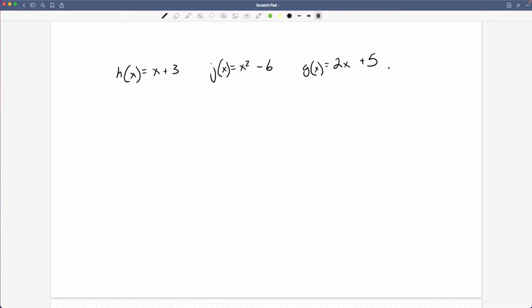Well, now I have a way to refer to them. I could say the function h of x, the function g of x, the function j of x, without having to read the entire equation in order for you to know which one I am talking about.